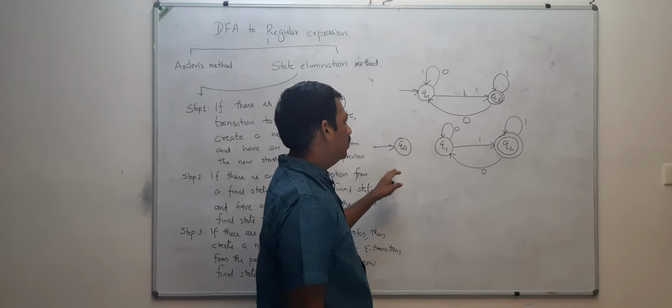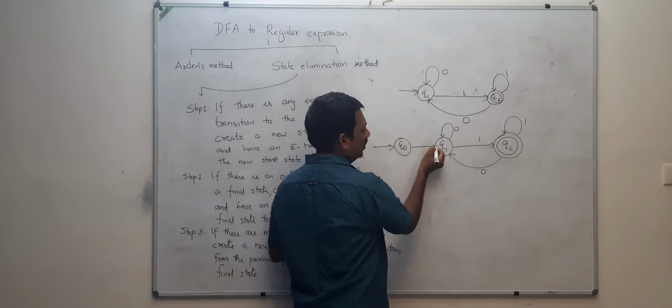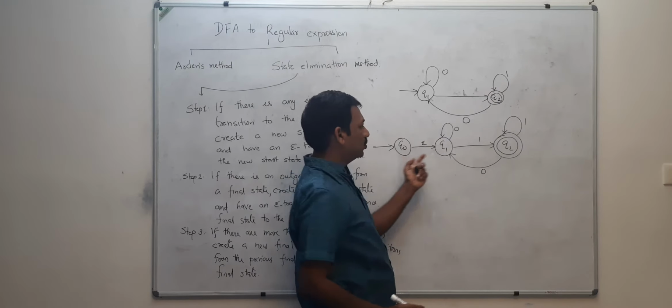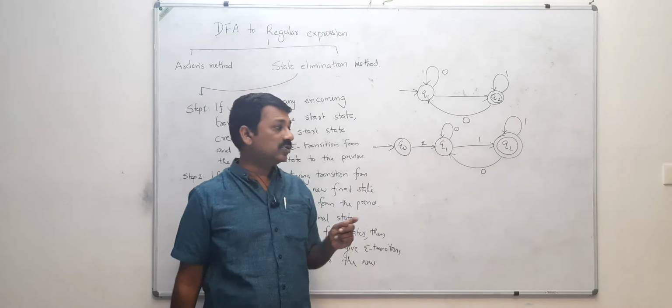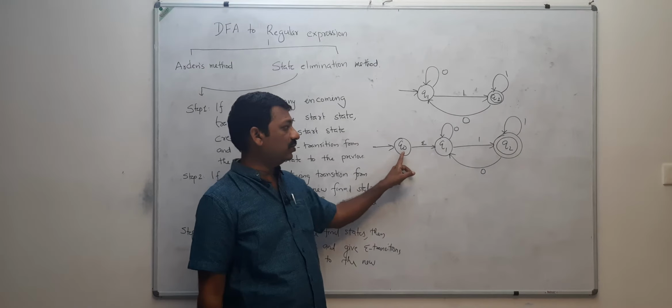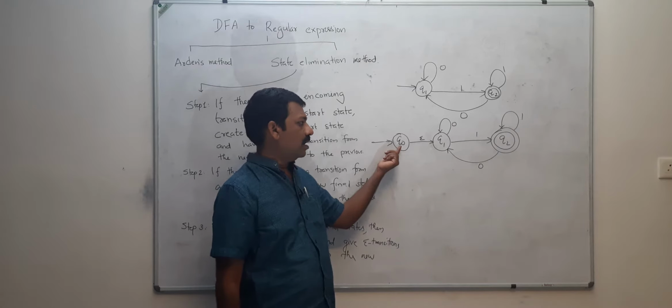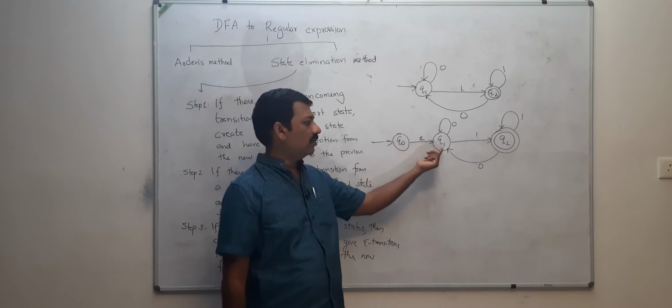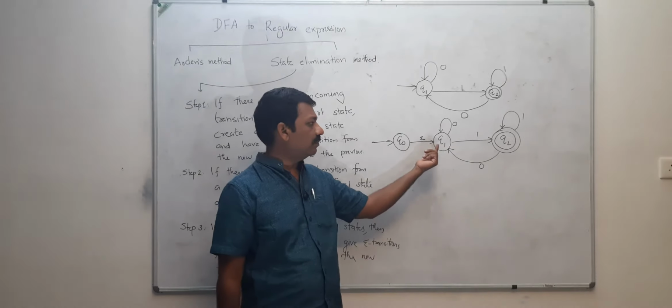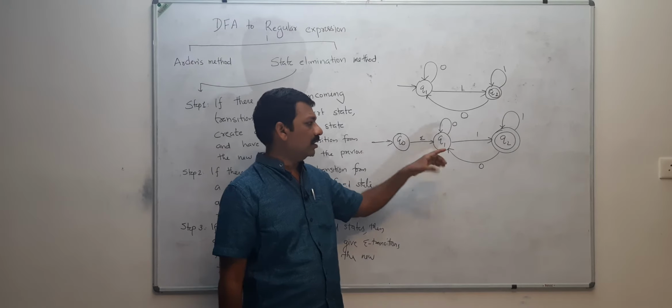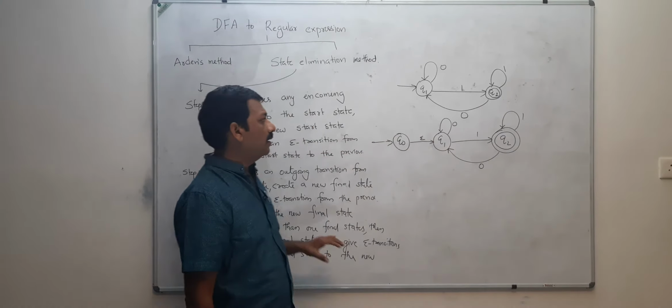Now you are going to have an epsilon transition from the newly created start state Q0 to the previous start state Q1. Okay, now this portion is over.